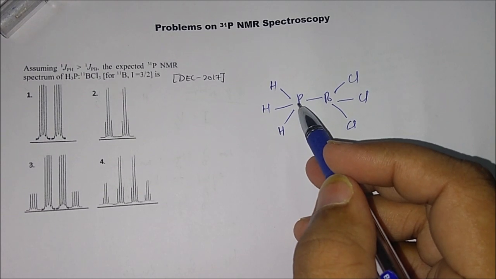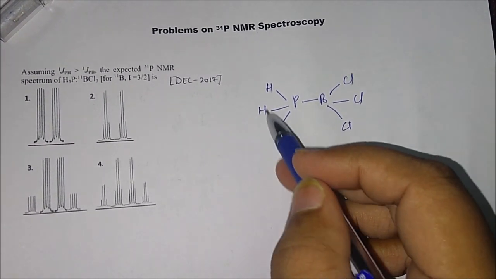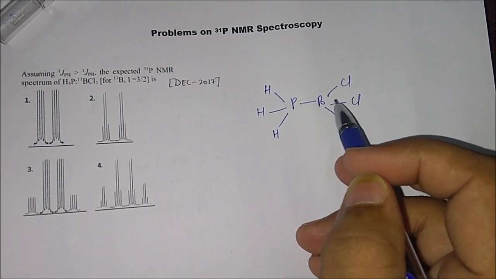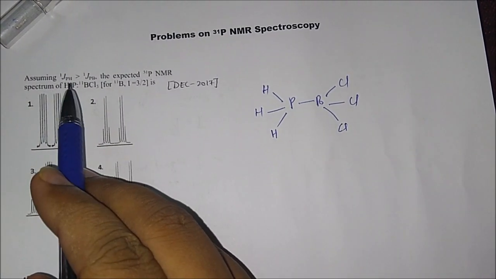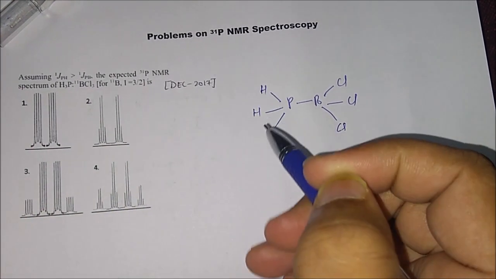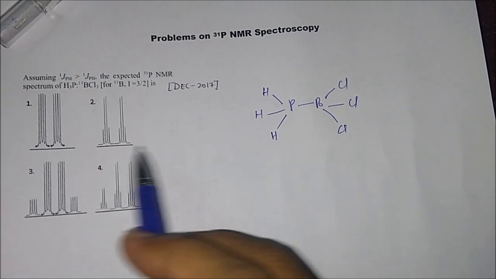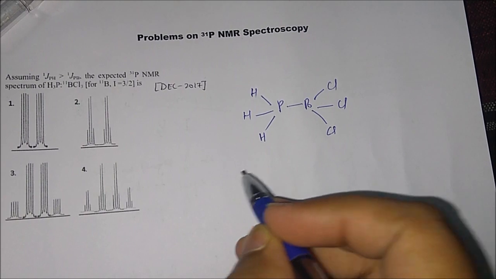The splitting will occur due to two things, because it is attached to hydrogen, which is NMR active, and boron also, which is NMR active. So both will cause splitting, but it's given that the coupling of PH is greater. So first the splitting will occur because of hydrogen, and then further splitting because of boron.